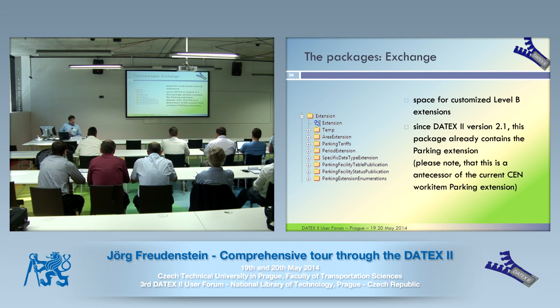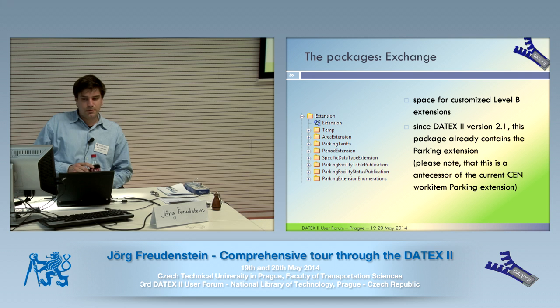The extension package. The extension package is a package for customized extensions. So for level B extensions you want to create yourself, you can place in there. Usually the extension package came empty, because the level A model does not have any extensions.